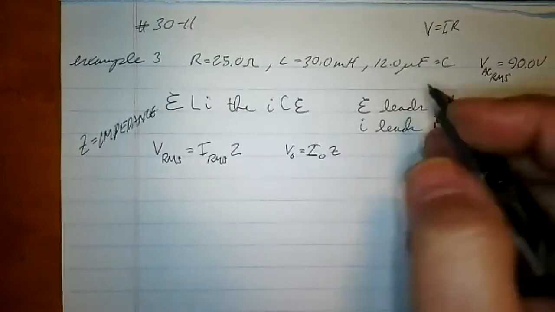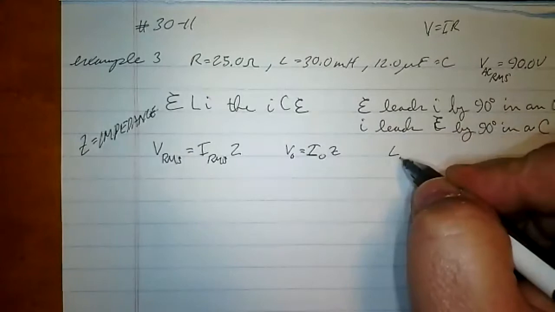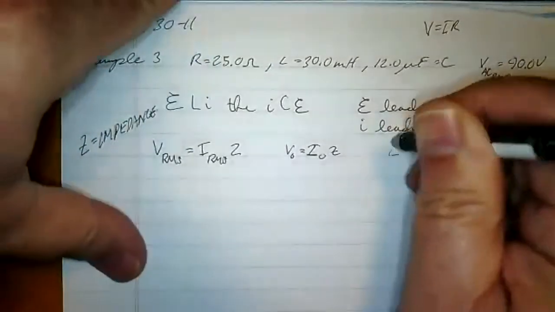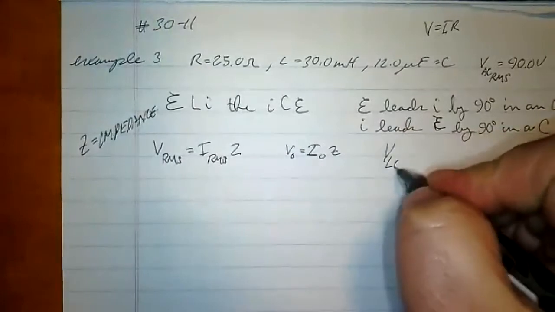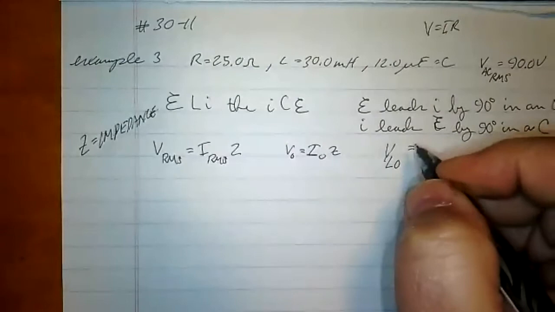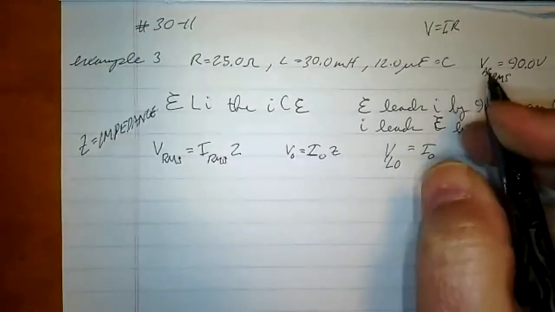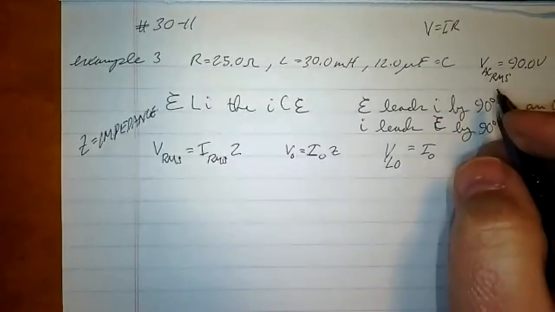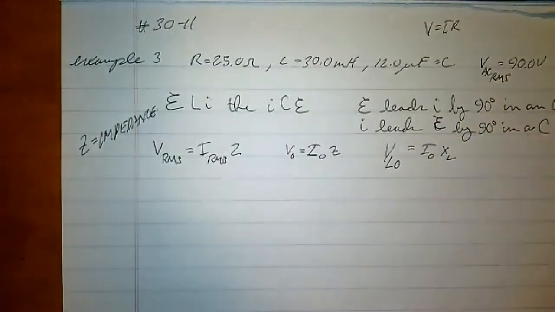But when you're talking about an inductor, you would say V, oh, I wrote an L there by mistake. If I'm talking about an inductor, I'd say VL0, meaning the amplitude is equal to the amplitude of the current times what we call the XL, which is the reactance that I was talking about earlier.